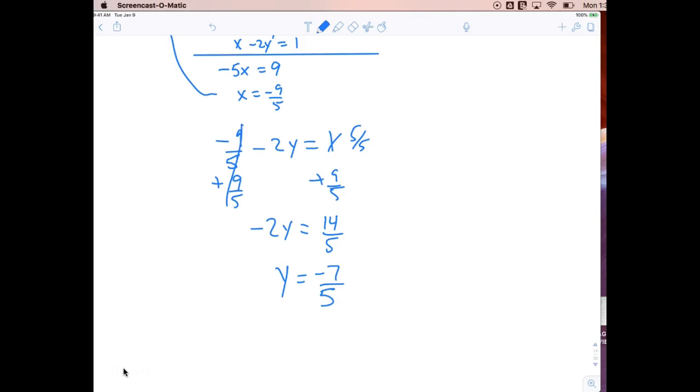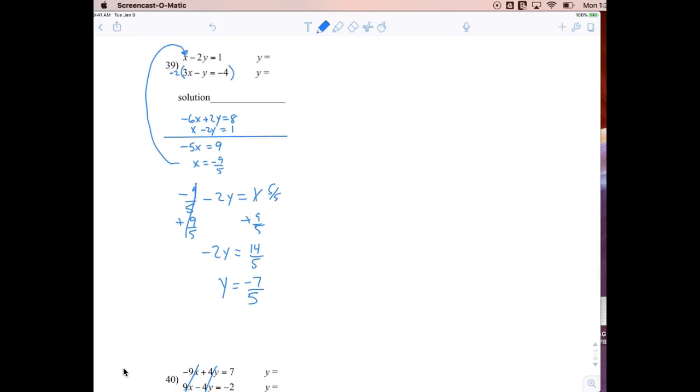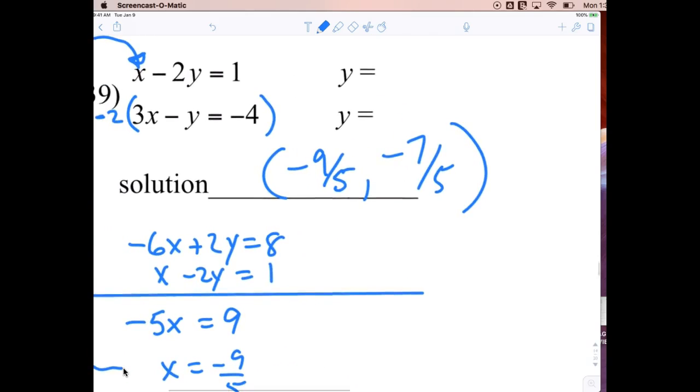So now my answer is negative 9/5, comma, negative 7/5. All right, now let's blow it up and see how we're doing with solving for y1 and solving for y2. What is y1 going to be?